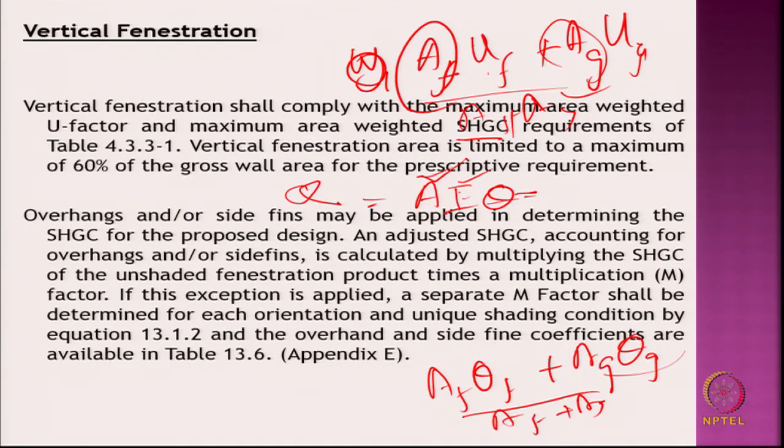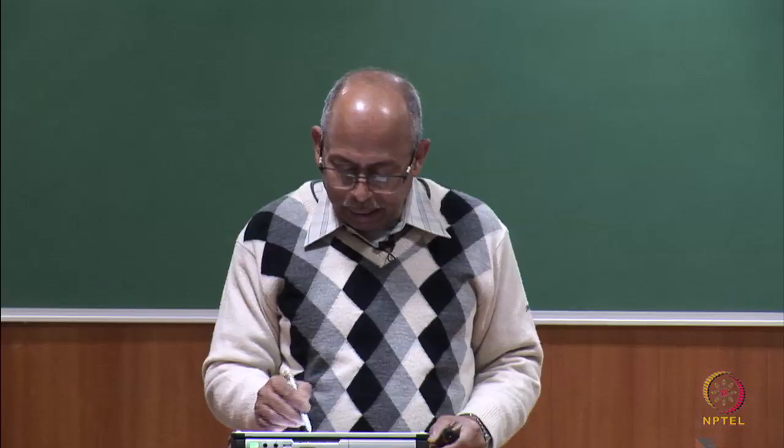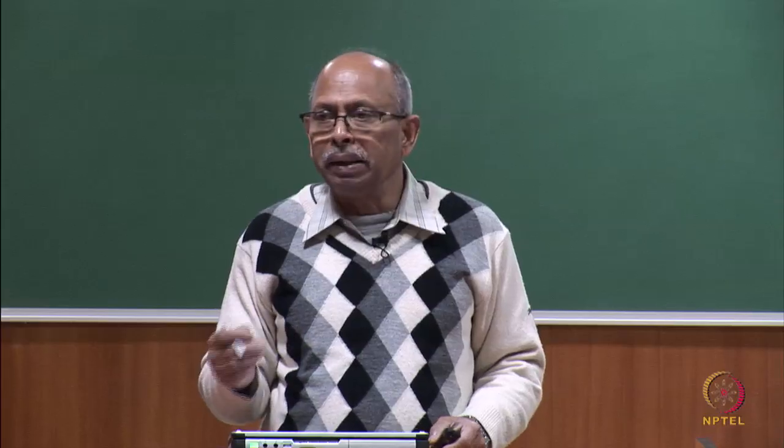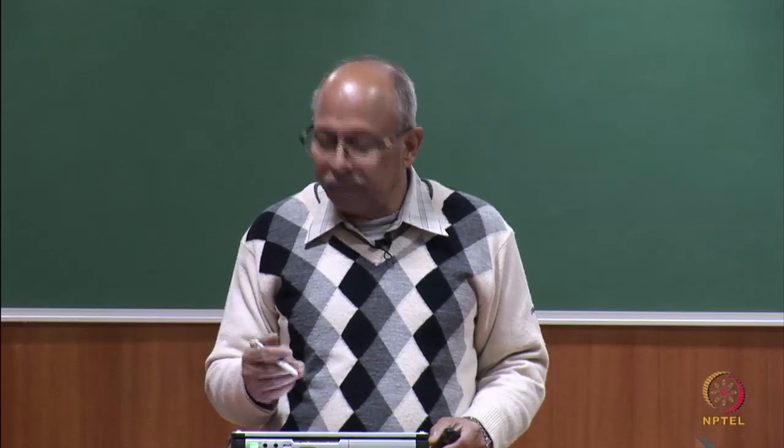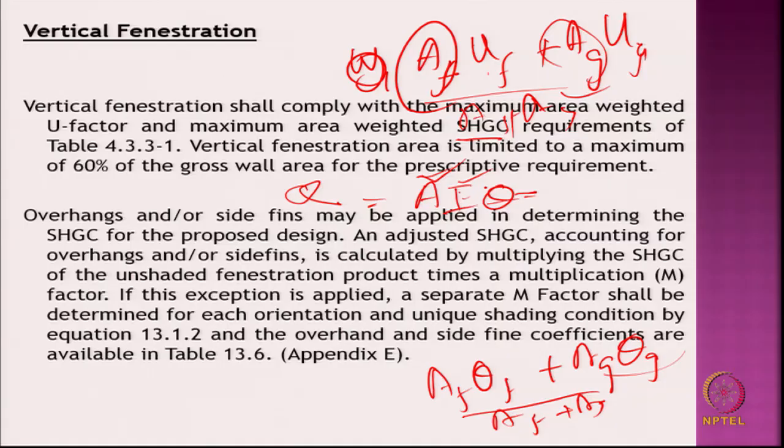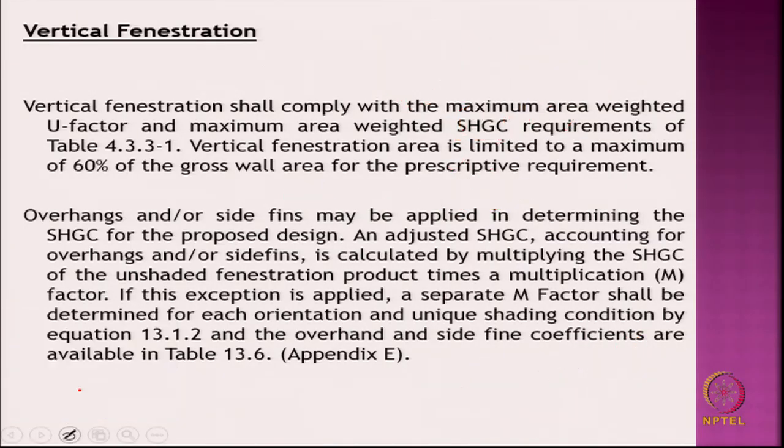Now, if you are using different types of glazing by chance, in that case in the building there will be different glass doors, they might have different values. So, then you have to use these together. Then you have what is called overhang sunshades and vertical fins.